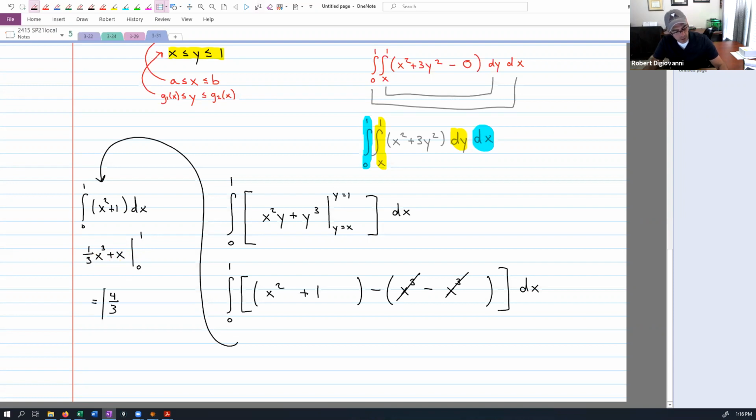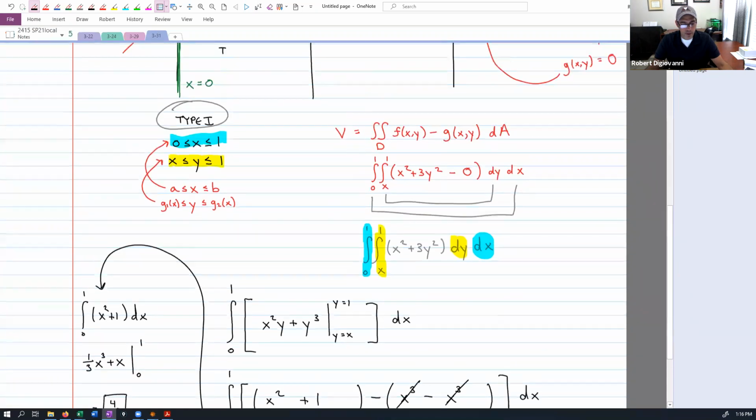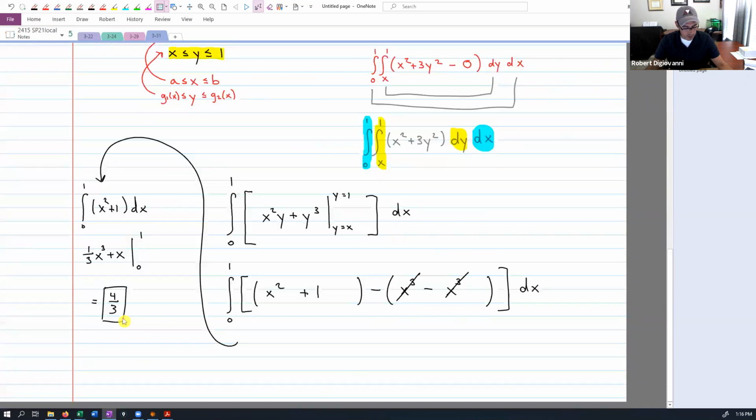And if we plug in 0, we get 0. Any questions? Sure. So the volume of the solid that is enclosed by this paraboloid in these planes is 4/3.